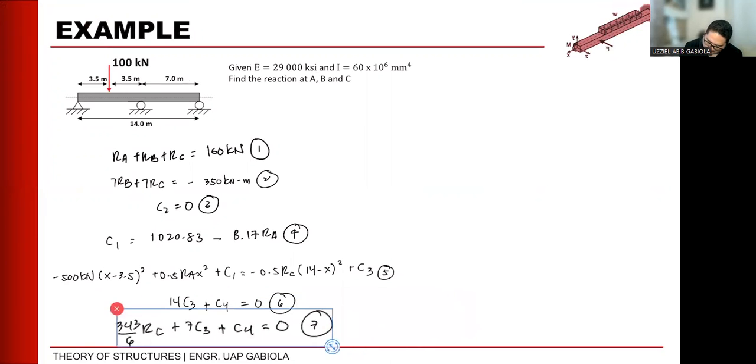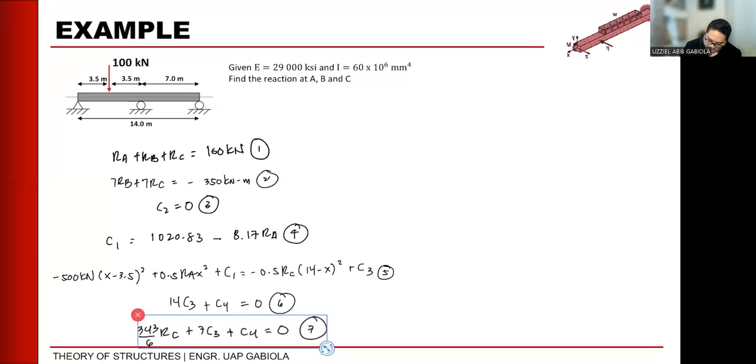Okay, so dito natin lalagay seventh equation natin. Right, so paano natin ngayon gagamitin tong mga unknowns na to? Okay, so makikita nyo dito, may 7 equations tayo, 7 unknowns. Kung marunong kayong mag-matrix, pwede yung matrix yung gamitin niyo.